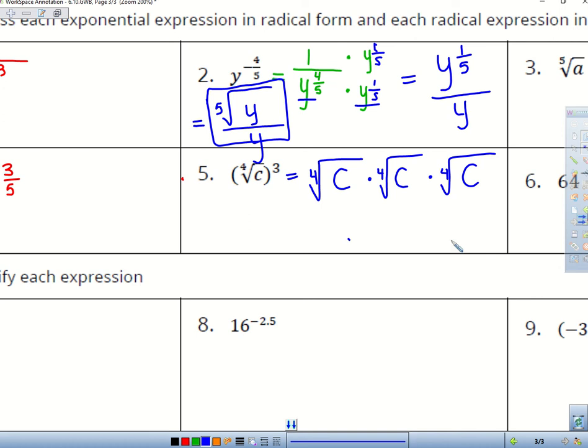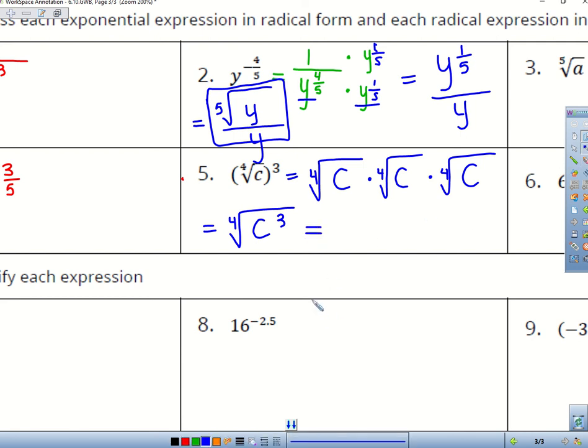Everyone understand why we had to write it out 3 times? Okay. So, what is c times c times c? C cubed. So see how it's the same thing if the exponent's on the inside or the outside? Makes sense?